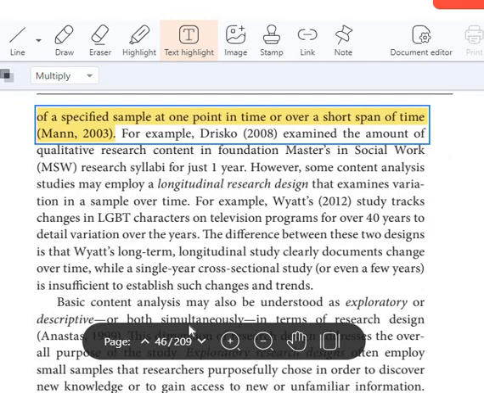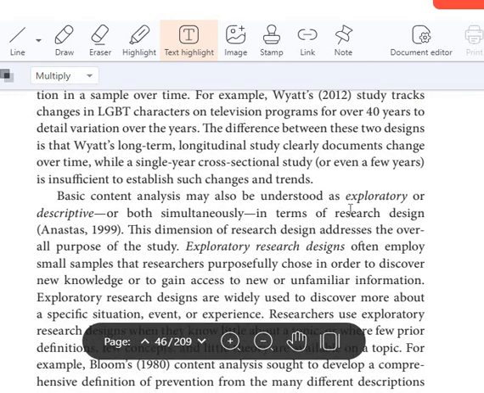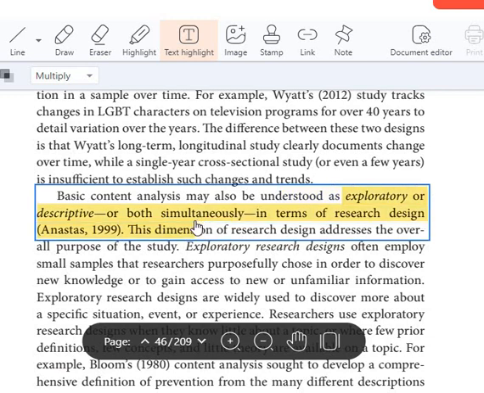So the basic content analysis is mainly focusing on exploratory or descriptive, or both simultaneously in terms of research designs, okay? So here we should understand in the research designs of basic content analysis that there's much focus on the exploratory, descriptive, observational. So all of this takes place in a short period of time, okay?